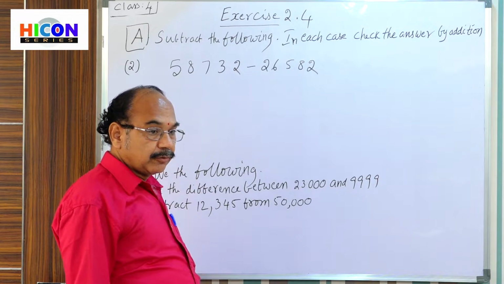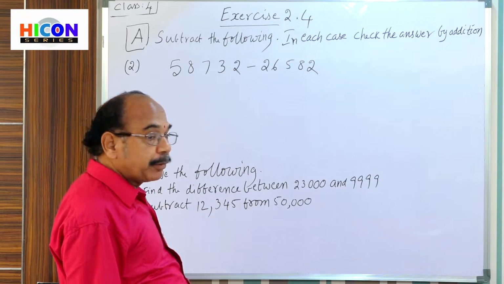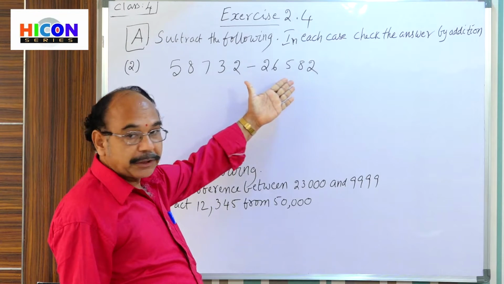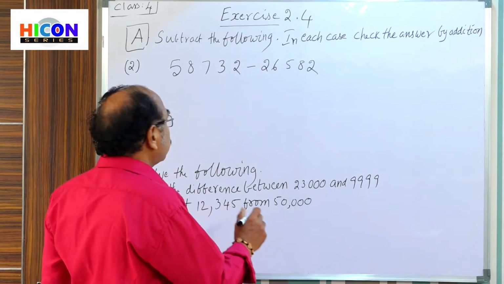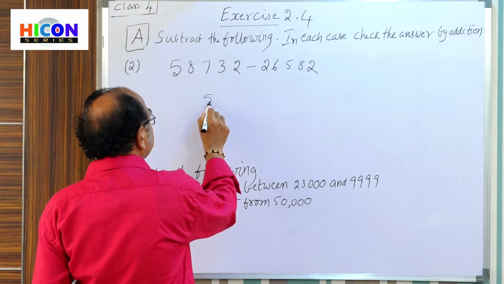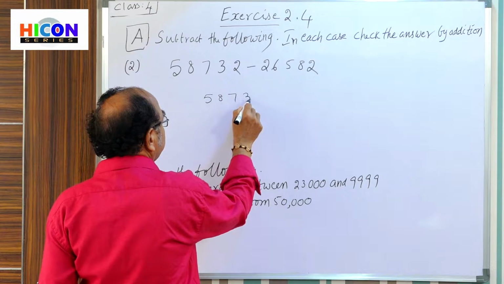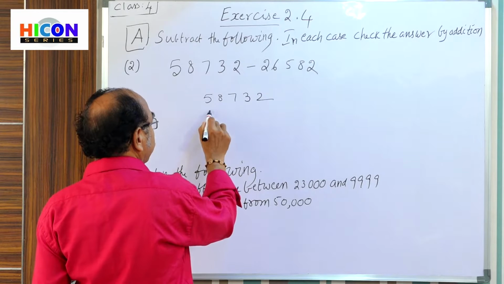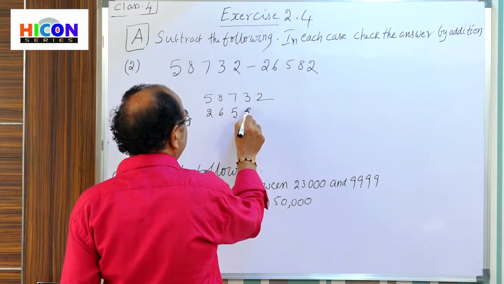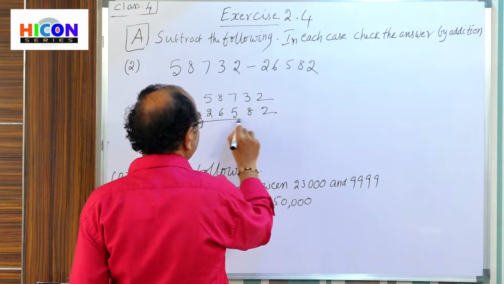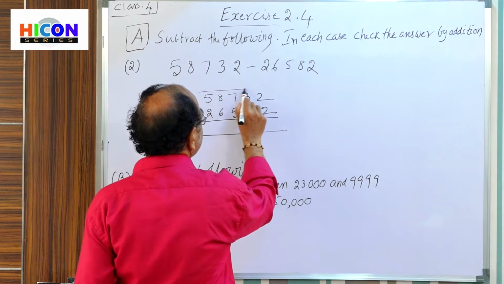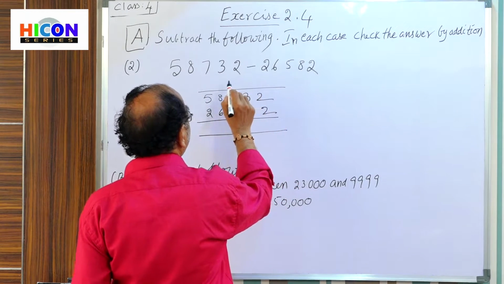The bigger number is taken first. From the bigger number, we subtract the smaller number. So we write 58,732, and under this you write 26,580. Subtract. Okay, you know the places.